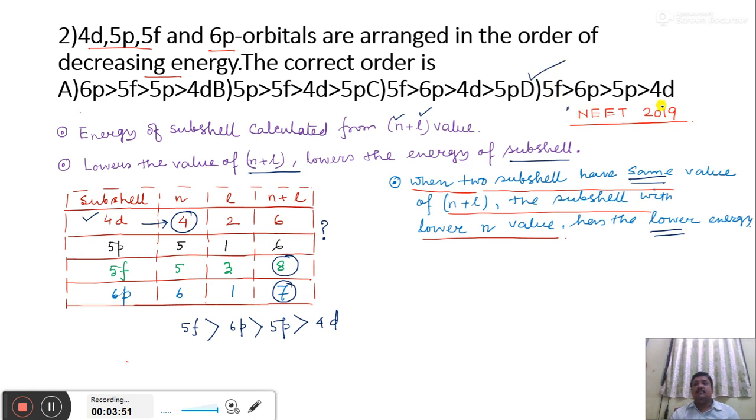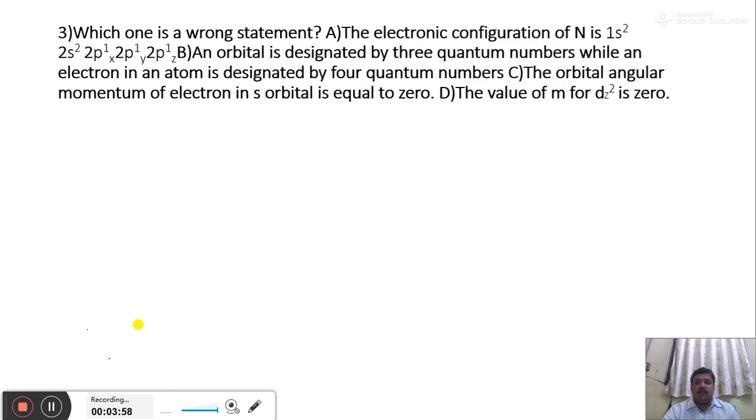This question came in the NEET 2019 exam. My next problem comes from the NEET 2018 exam. The question is, which of the following is a wrong statement? The electronic configuration of N is 1s2, 2s2, 2px1, 2py1 and 2pz1.